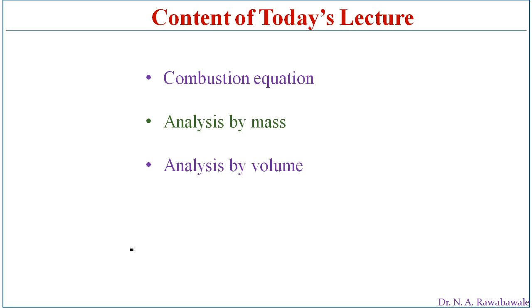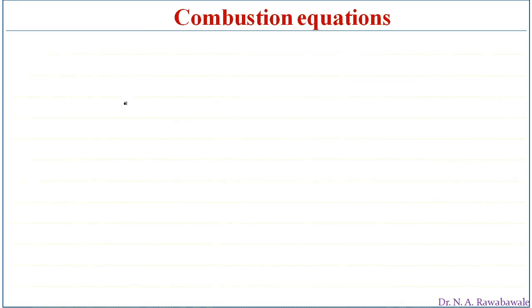For complete combustion of carbon in a fuel, the equation is written as carbon plus oxygen, that is C plus O2, produces carbon dioxide plus heat.